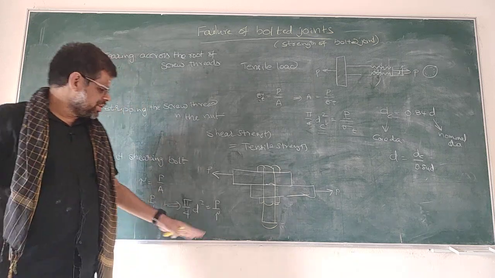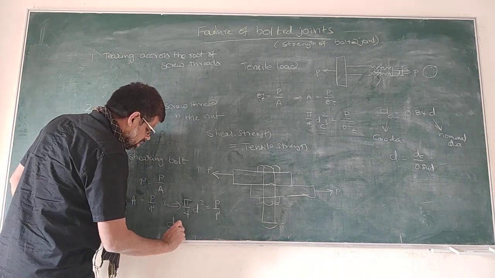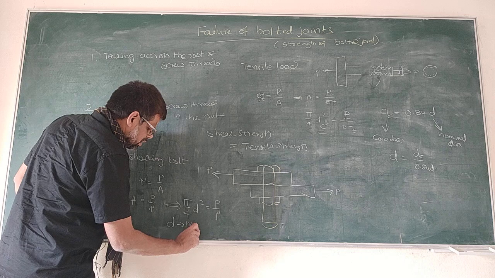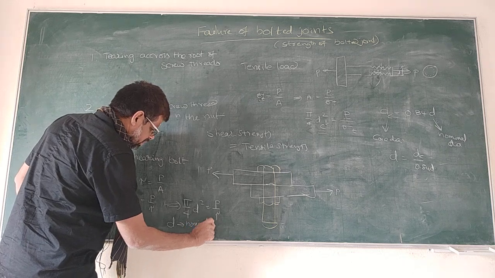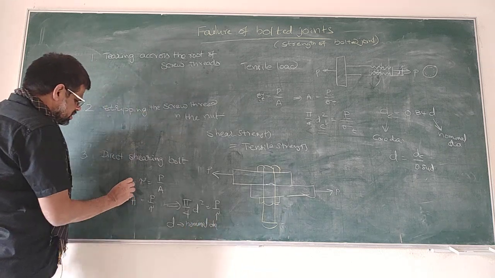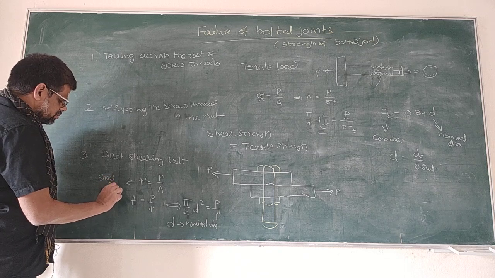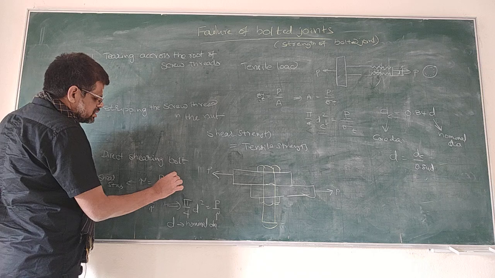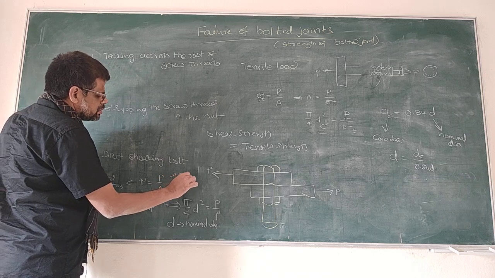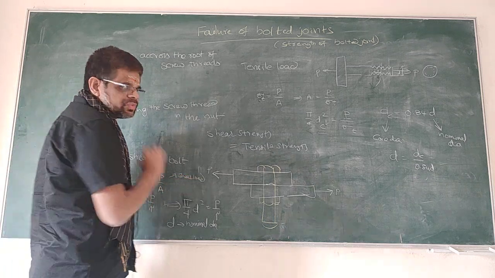Okay. So here D is nominal diameter and this tau is shear stress and this P is shear load. Okay.